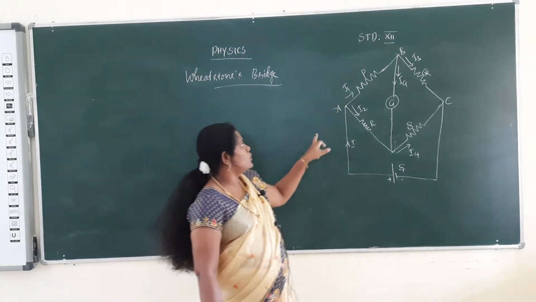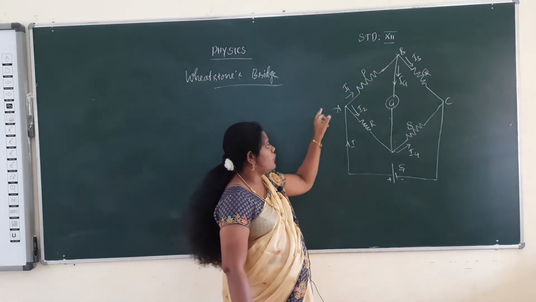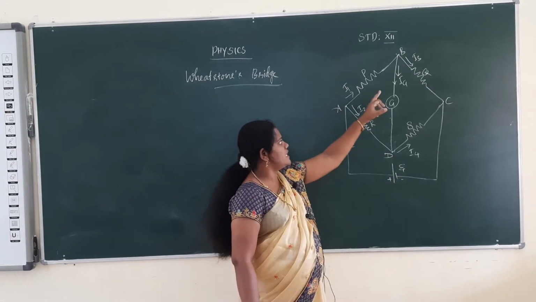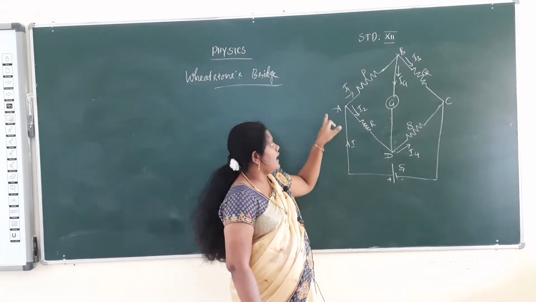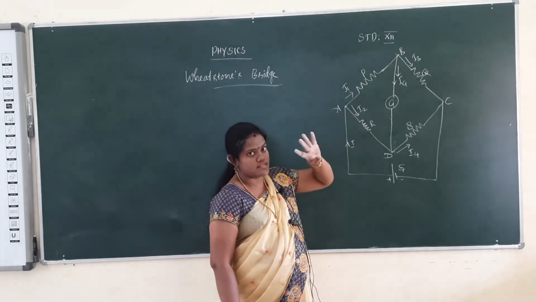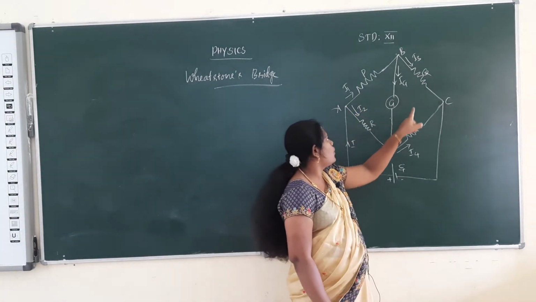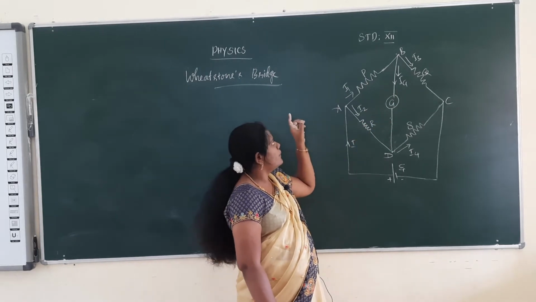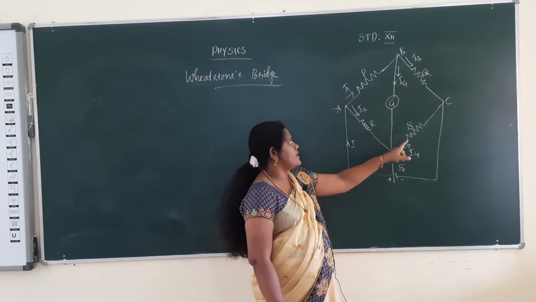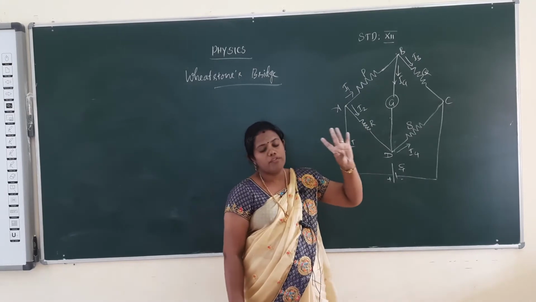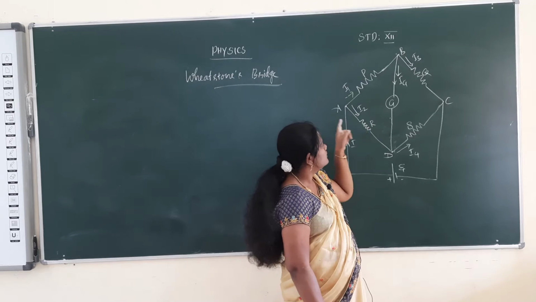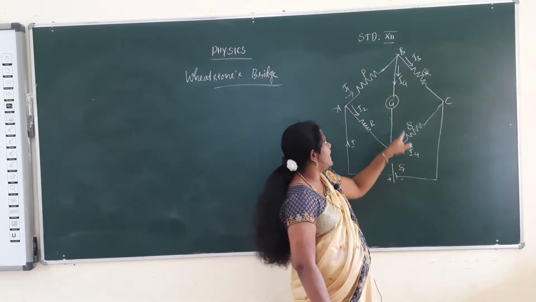Okay, so one circuit is there having four junctions A, B, C, D, and four resistances P, Q, R, S. Then five currents will be flowing: I1, I2, I3, I4 and IG.